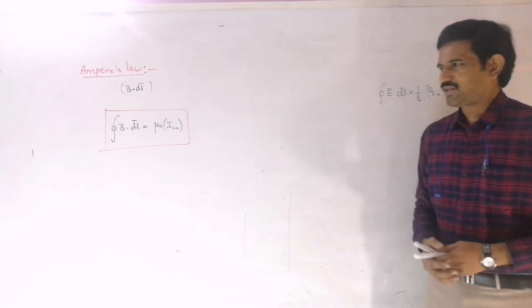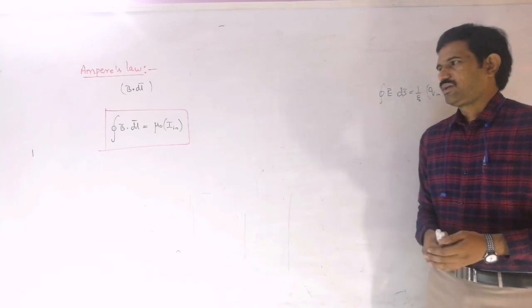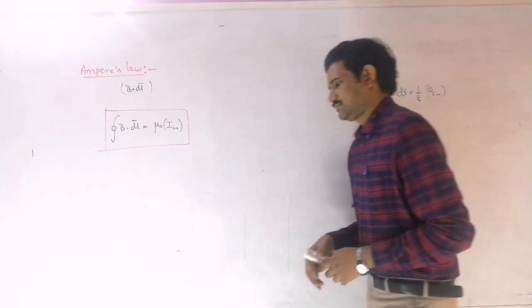Then write the mathematical form: integral of B bar dot dl bar is equal to mu naught into I in.